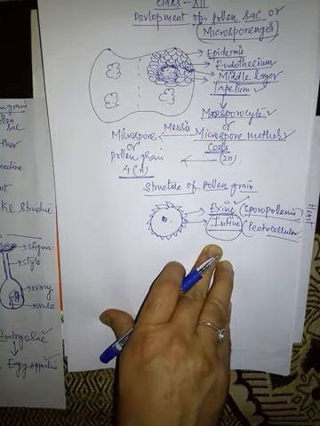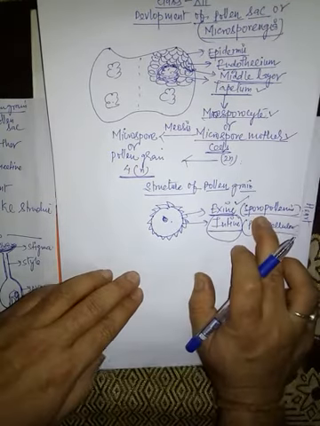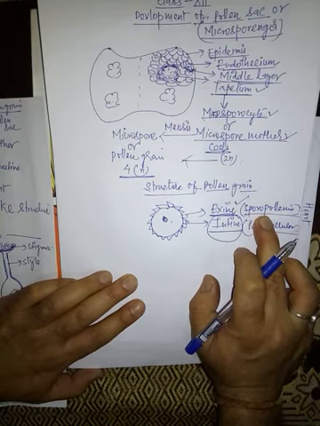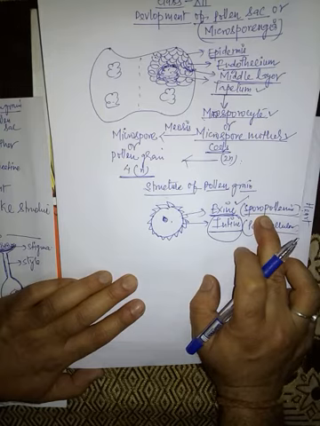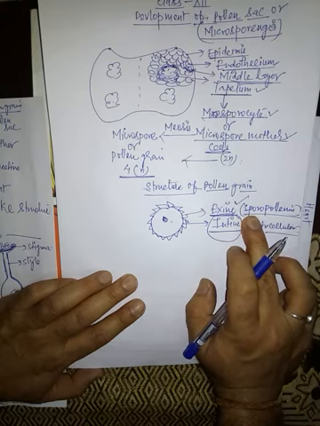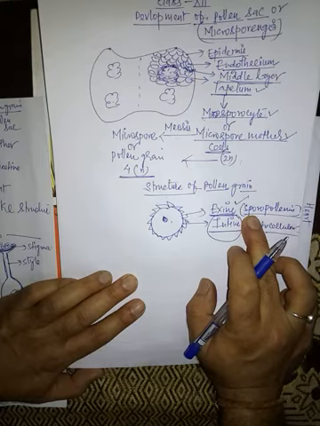So this exine is made up of a complex substance called sporopollenin. It is a very complex substance. It is not degraded easily. Due to this reason, this exine present around the pollen grains helps in archaeological studies by the archaeologists.